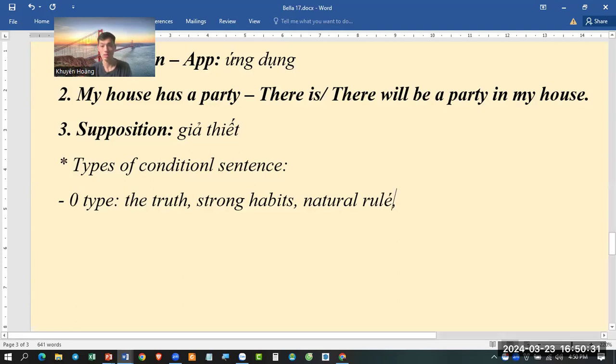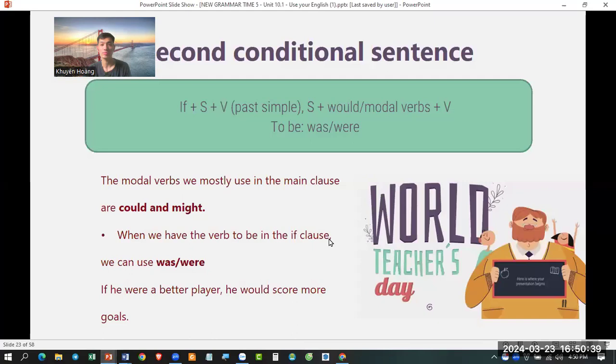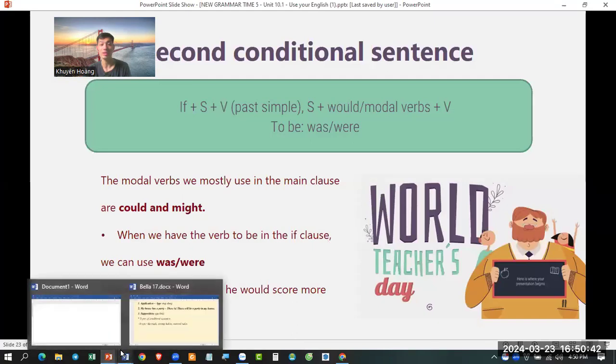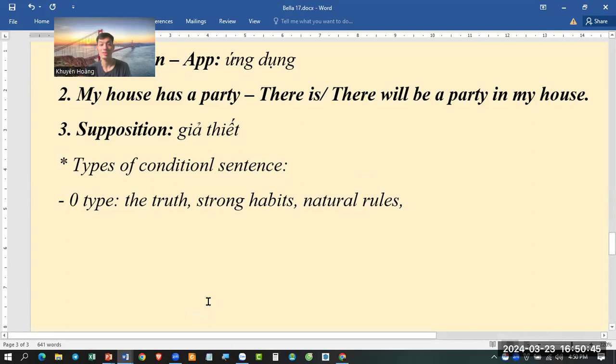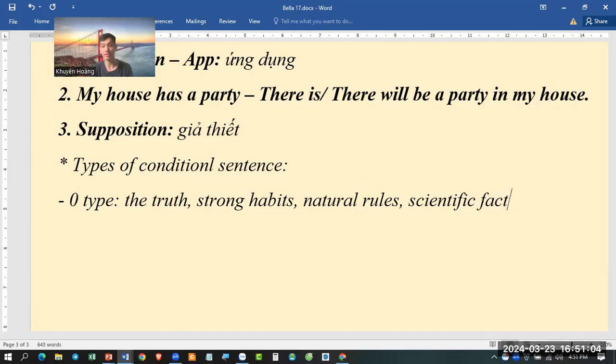And what else? We have one more thing, right? The last is... Natural rules, strong habit that prove scientific facts. I remember. Yeah, you remember. You are very good at this.